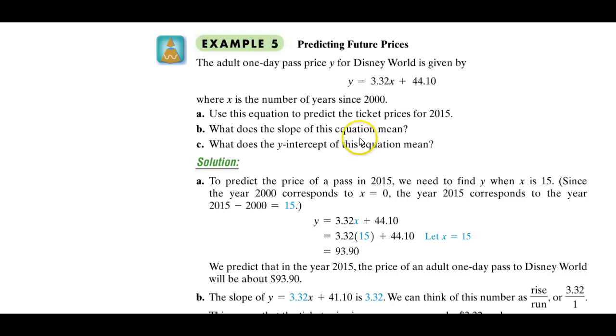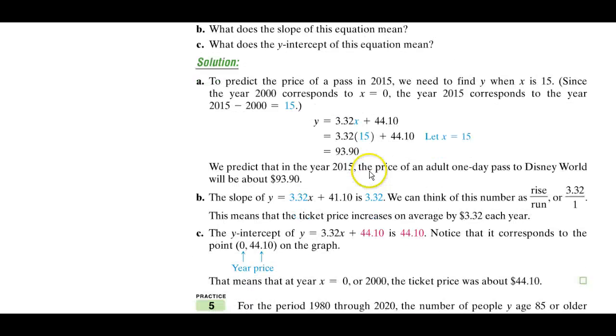Okay? Now, what does the slope of the equation mean, which is $3.32? That's the amount it's going to increase each year. And the x was the number of years, and the $44.10 was the initial price in the year 2000. Okay. In a sense, that's your y-intercept there. And all of this is in your book as well.